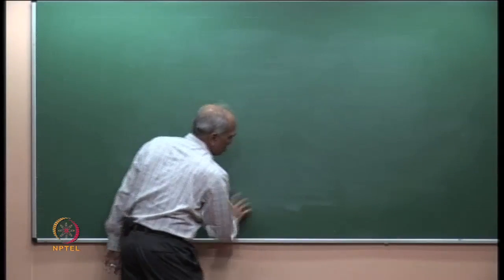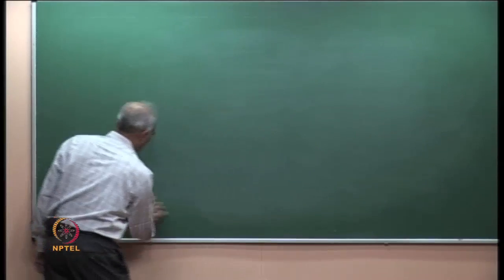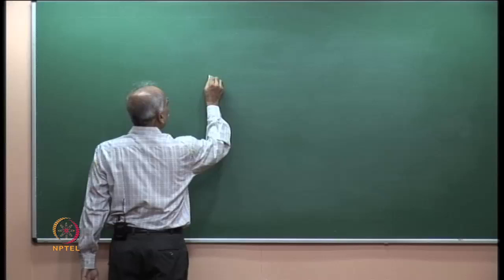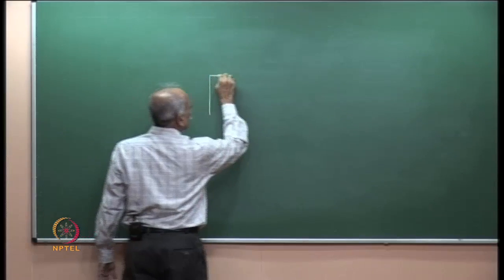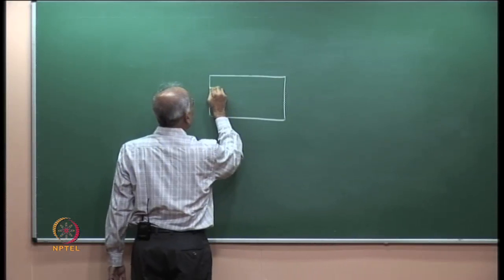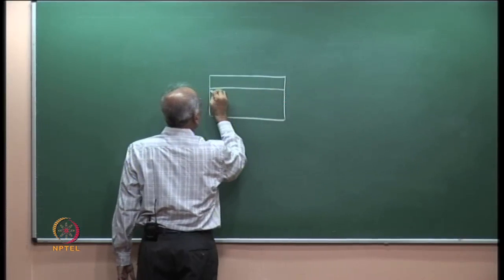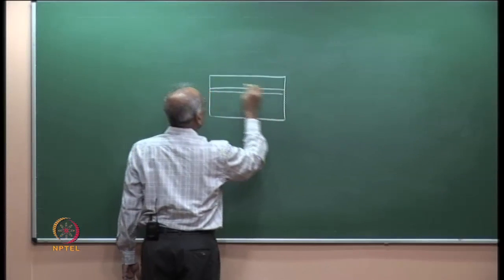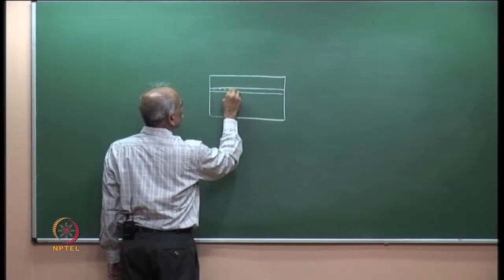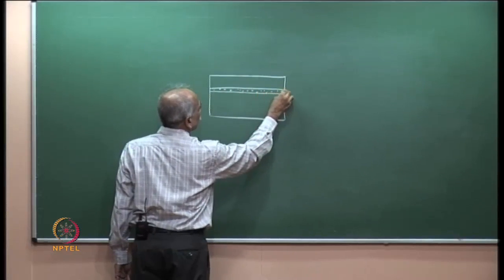So, stimulated emission loss. Very quickly, if you recall the structure of the LED, the cross section that I am showing, I am not showing all the layers. So just let me show the active layer here.